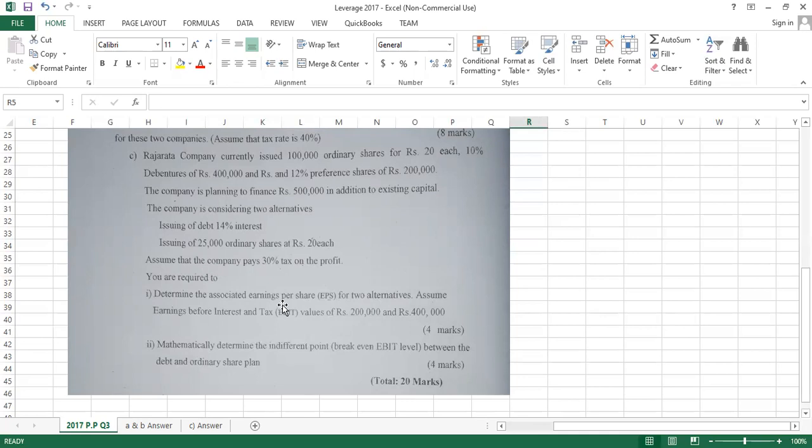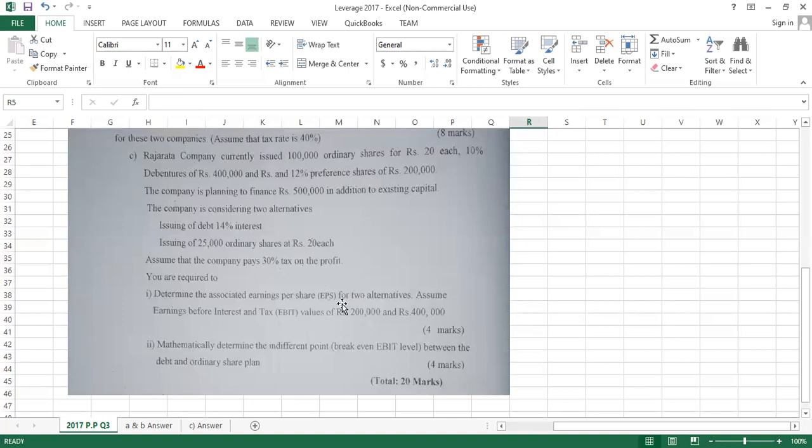Second, mathematically determine the indifference point, that means the break even earning before interest and tax level between the debt and ordinary share plan. So first the EPS calculation, then the indifference point calculation.